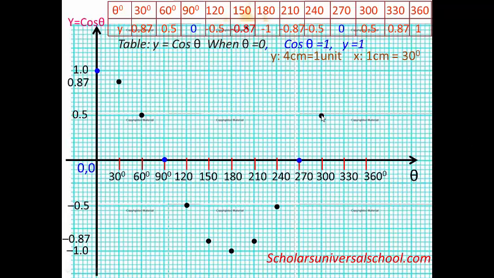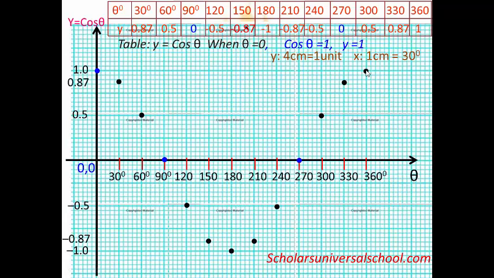So we have it here. And for 330 degrees, we have 0.87, so we plot it here. And for 360 degrees, we have 1. So we plot it here.